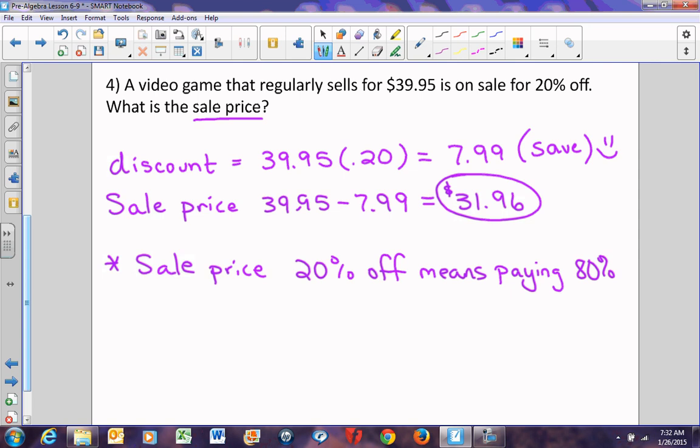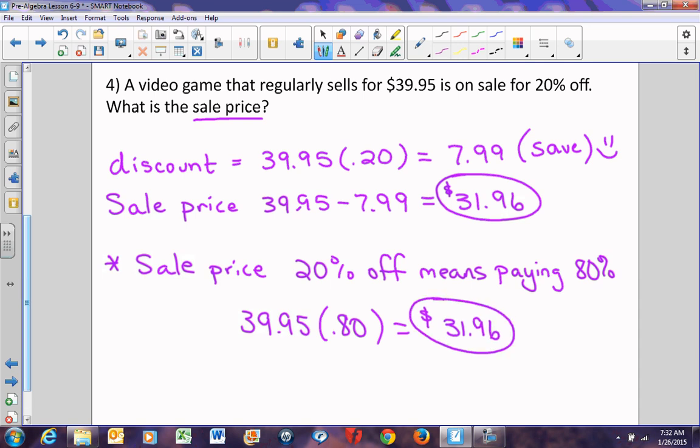So I can skip the middle step of finding how much the discount is by just taking my $39.95 and multiplying that by 80%, and that will get me directly to the sale price. It gives me exactly the same amount as before, $31.96.